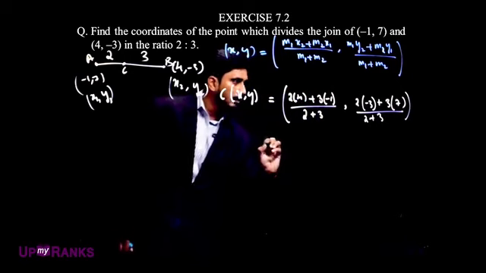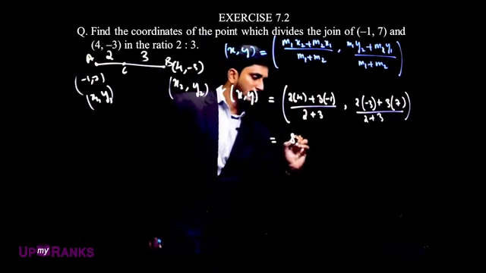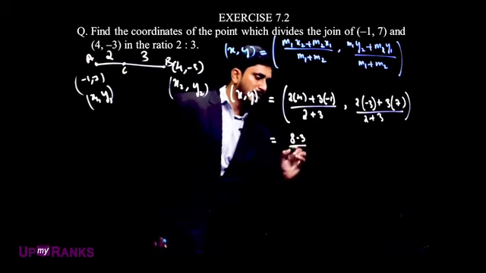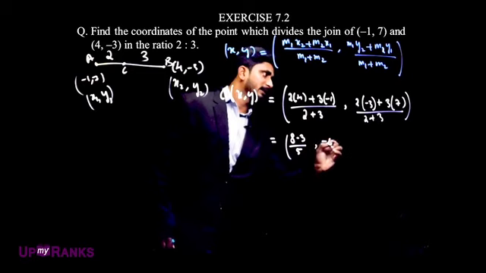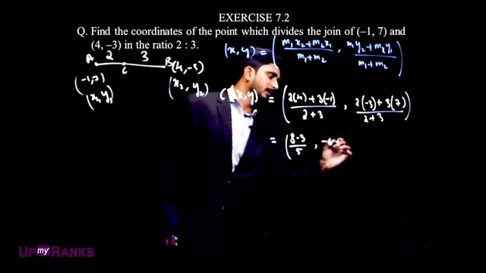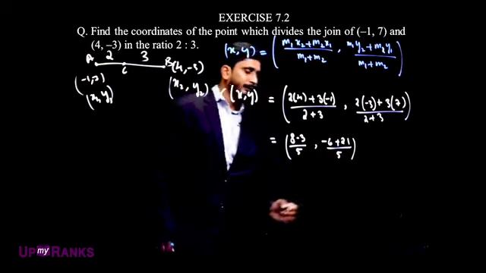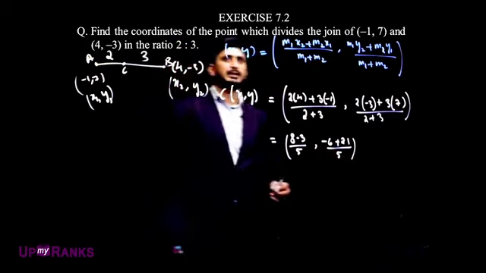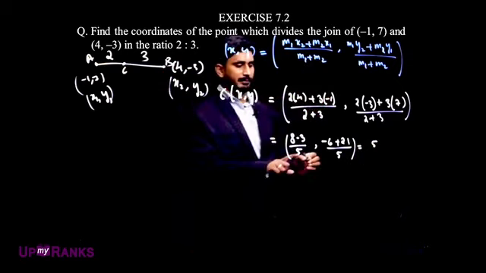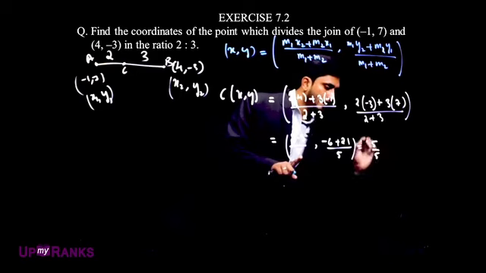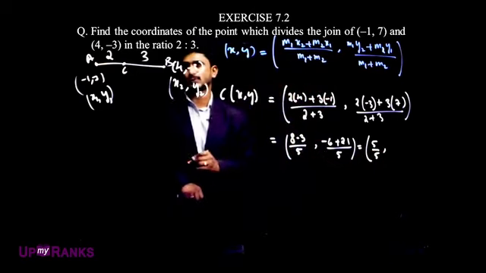So now 2 into 4 is 8, plus 3 into minus 1 is minus 3, divided by 2 plus 3, which is 5. 2 into minus 3 is minus 6, plus 3 into 7 is 21, divided by 2 plus 3, which is 5. So now 8 minus 3 is 5, so 5 by 5. And I have minus 6 plus 21.